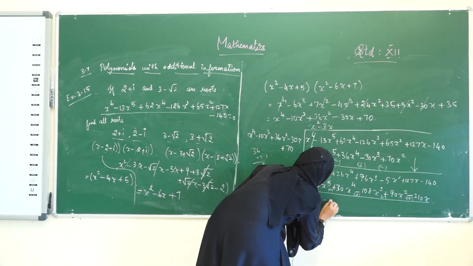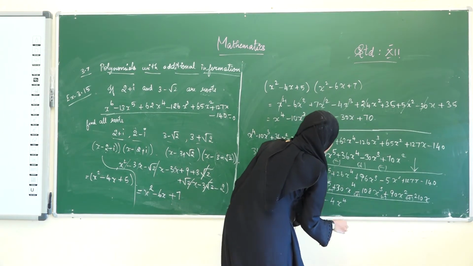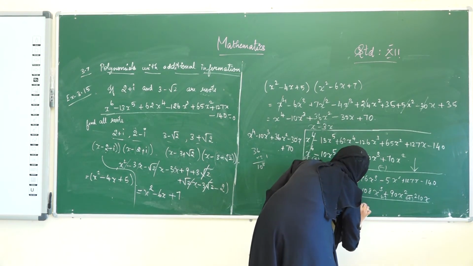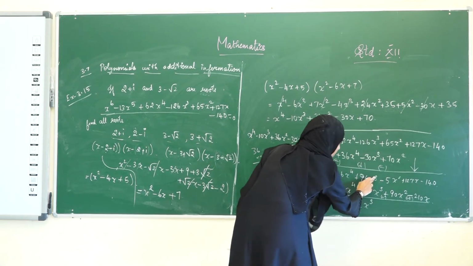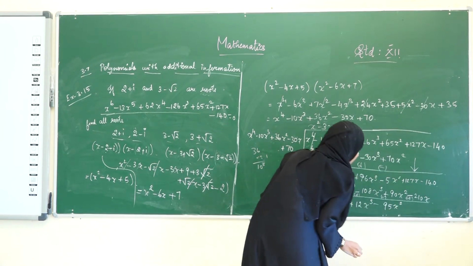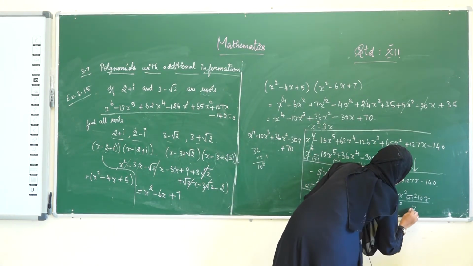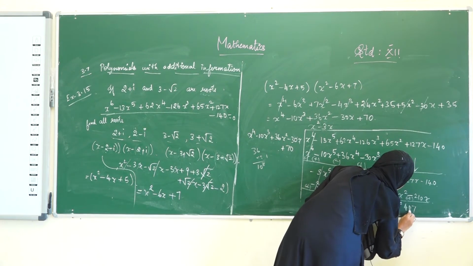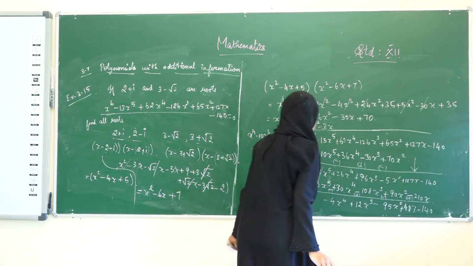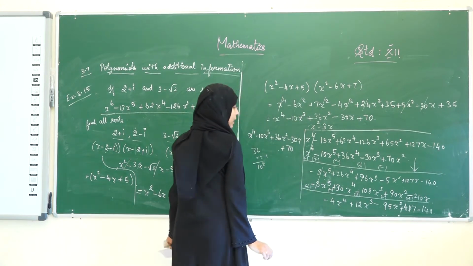So on solving this, see here we have x power 4, and here we have minus 4x power 4.